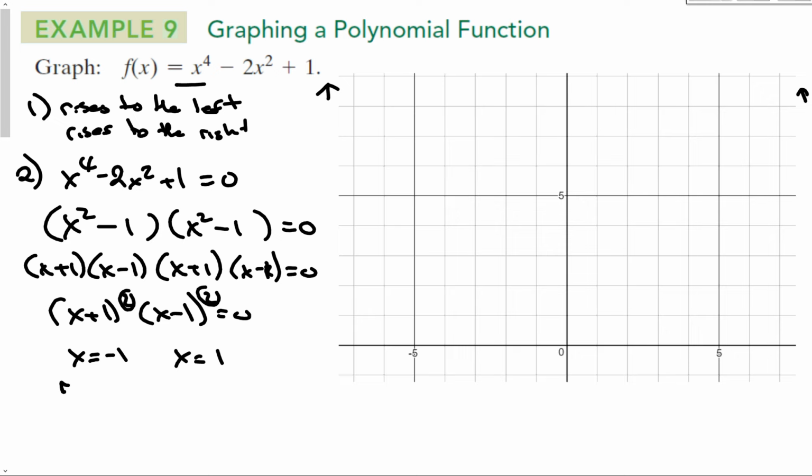Okay, so this is multiplicity 2 and this is multiplicity 2, which means that at both positive 1 and negative 1, the graph is going to touch the x-axis and go the other way.